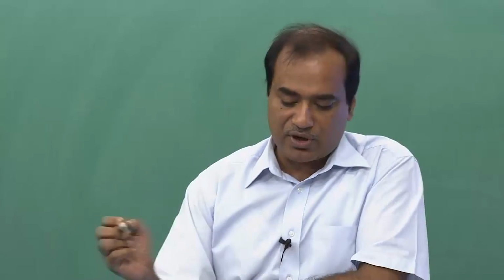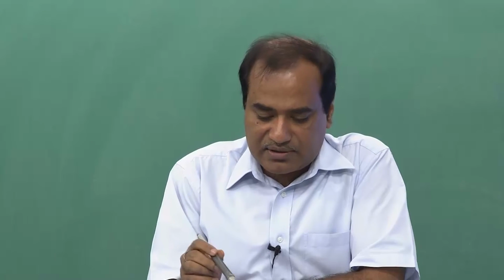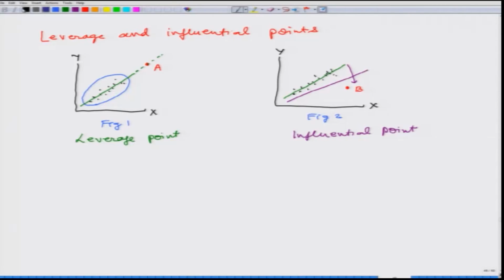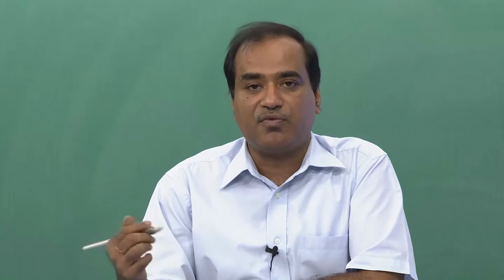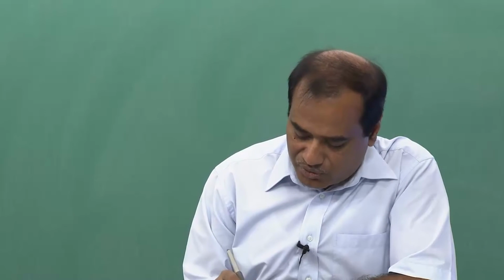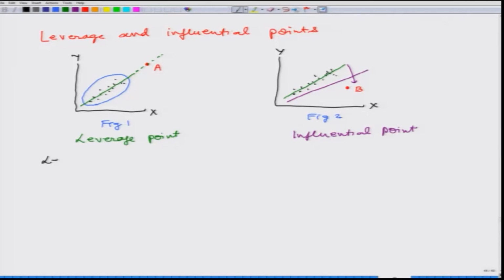So, we are going to discuss several diagnostics here. Possibly they will help us in diagnosing whether a point is a leverage point or an influential point, and finally whether we want to retain it in our regression analysis or not. So, first of all, we try to talk about the leverage point.